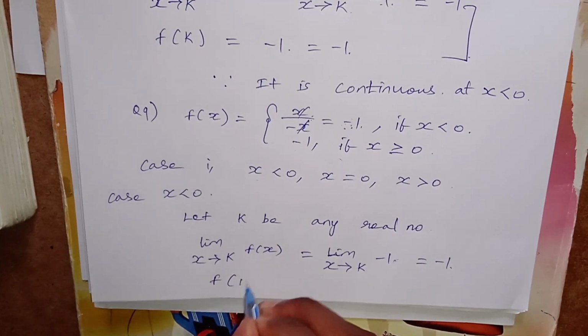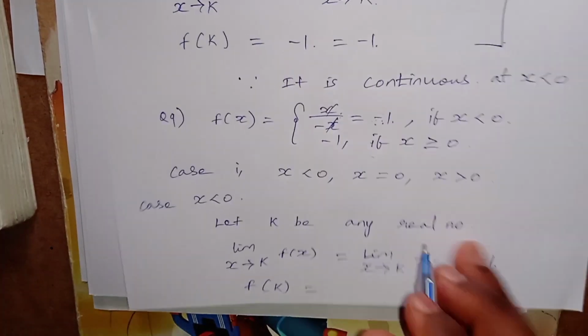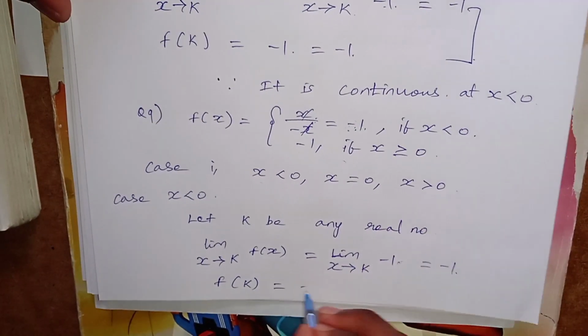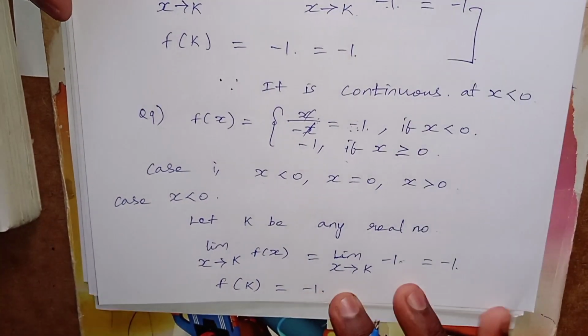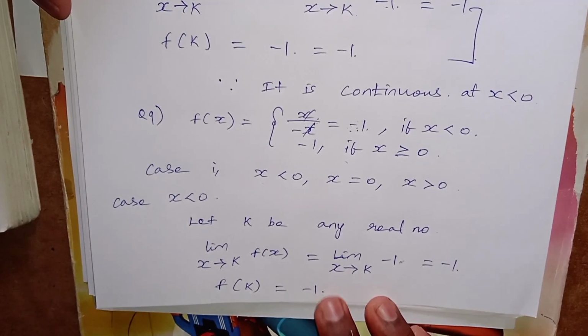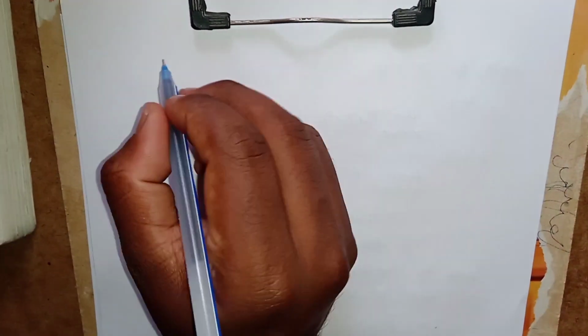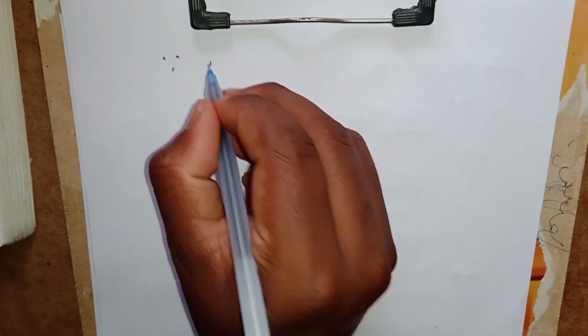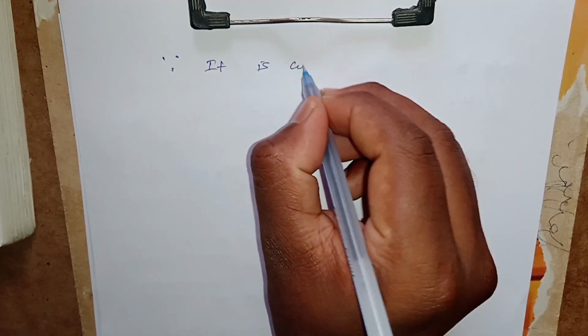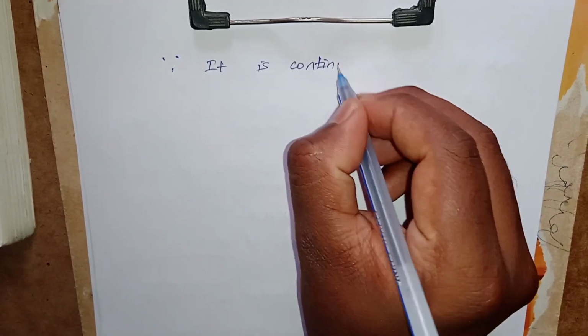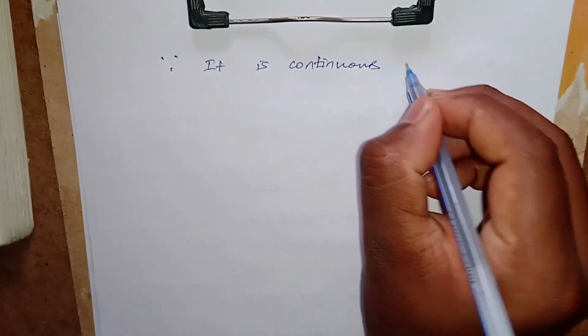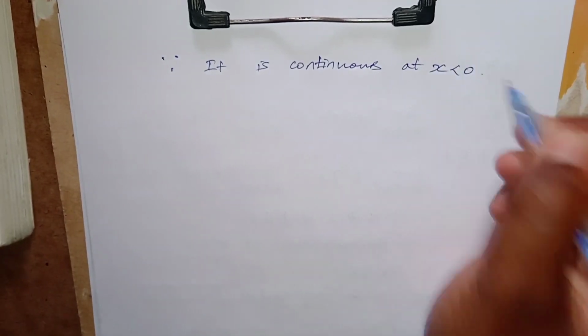Next, f of k is also minus 1. Both are equal. Finally, you have to write that the given function is continuous at x less than 0.